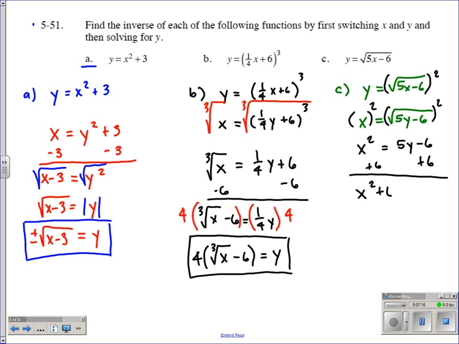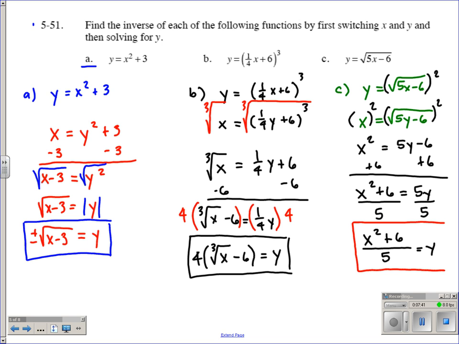This is pretty easy stuff. Get y by itself. Let's divide by 5. So we end up with x squared plus 6 all over 5 equals y. And that is our final inverse that we're looking for on this problem.